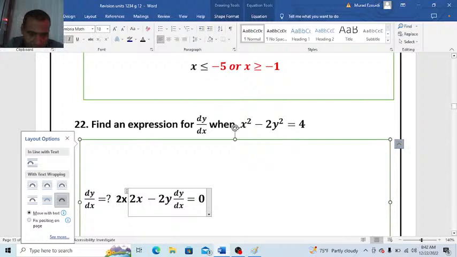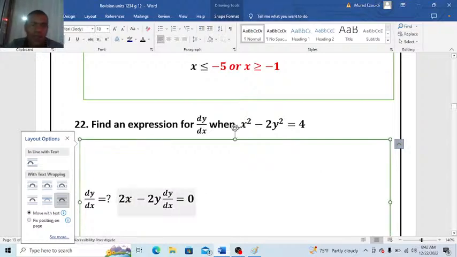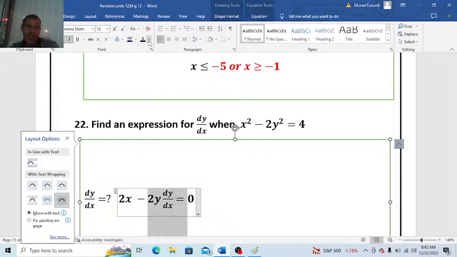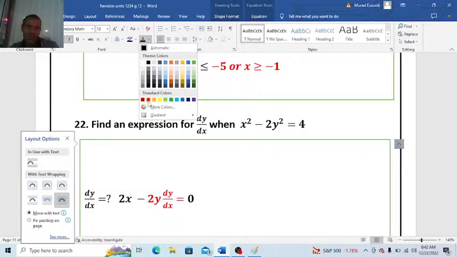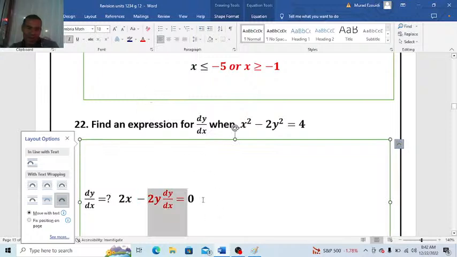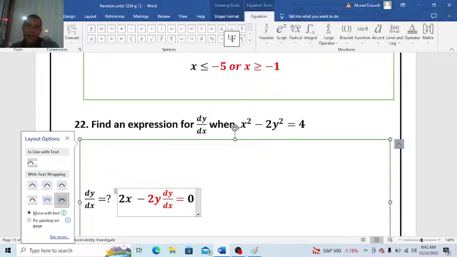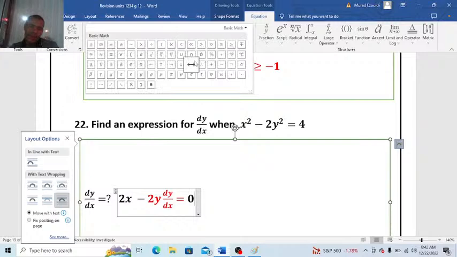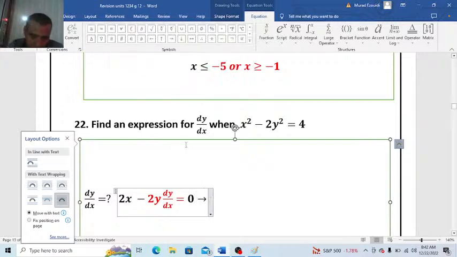Now learners, you see I can simplify by 2. This one should be transferred to the right hand side. If it is negative it will be positive, so it will be 2y dy with respect to x equals 2x.